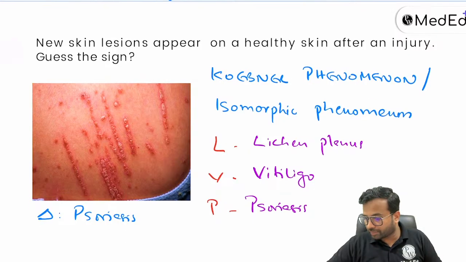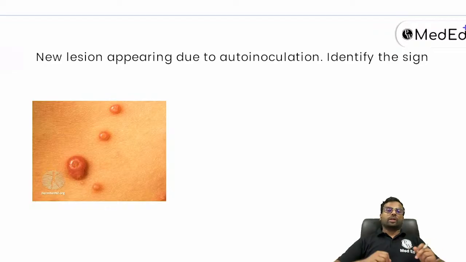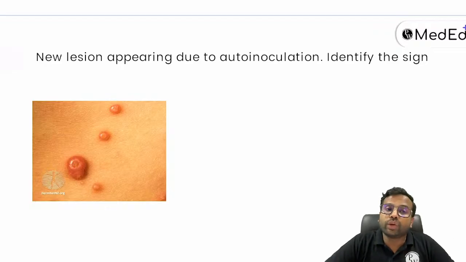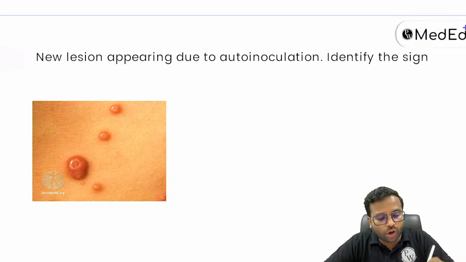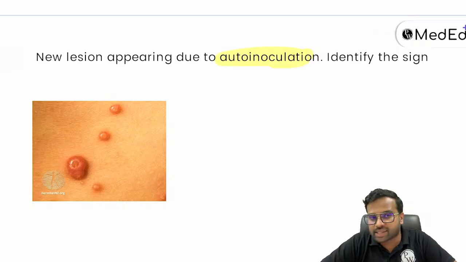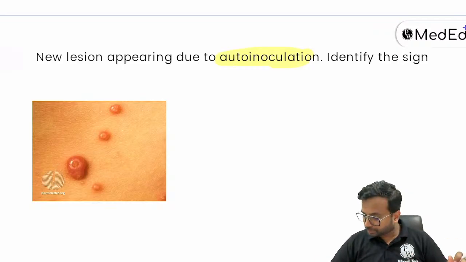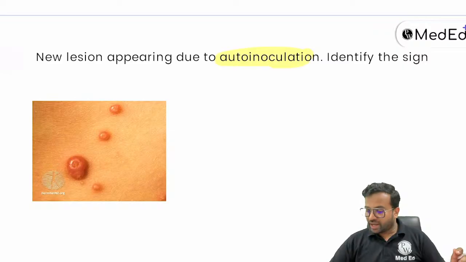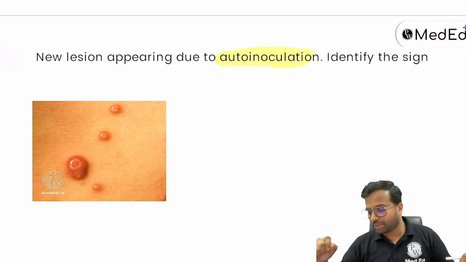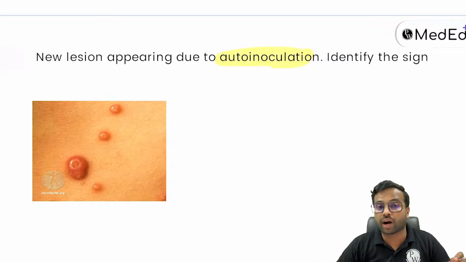With your permission, I'm going to the next MCQ or the next clinical sign now. Now what is happening here? There is a new lesion appearing, but not because of trauma, but because of auto-inoculation, probably of a virus. Identify the sign. Just now when we discussed Koebner, I have come to whatever doubt you asked in the chat box.